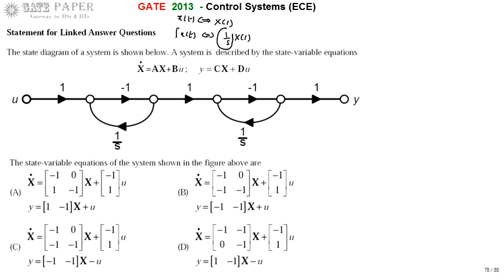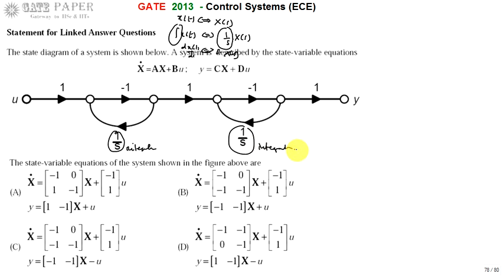Otherwise, if it is dx of t by dt, then this is treated as s into x of s. So if you are getting s in the equation, that is differentiation, and if you are getting 1 by s, that is nothing but an integrator, meaning integration is being performed.